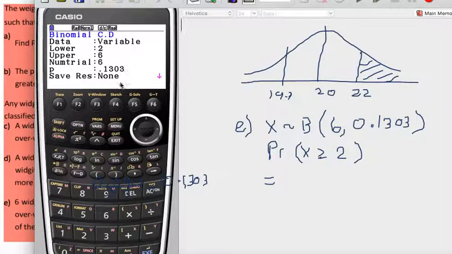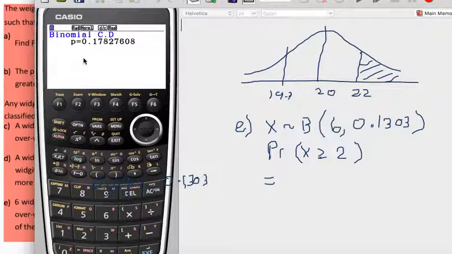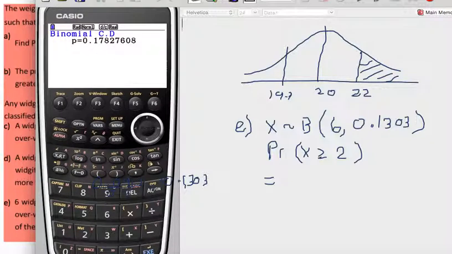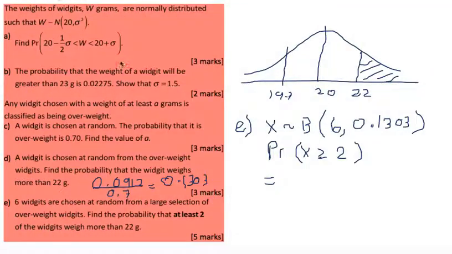So just take a good look at that. That comes from this information here. Lower is 2 because I want 2, 3, 4, 5, 6. I'm doing 6 trials, and there's my probability. Click that, and let's get an answer. 0.178. So 5 marks for that.